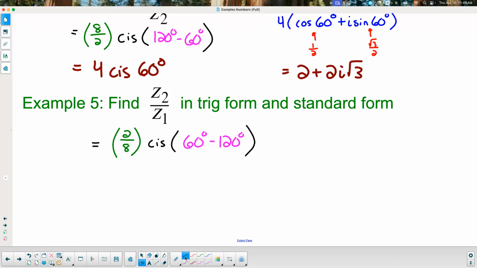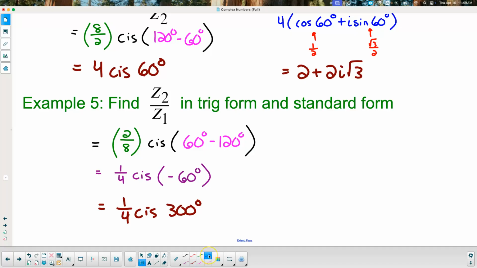Two divided by 8 is 1/4. 60 minus 120 is negative 60 degrees. Do I like negative 60 degrees? No. Instead, what do I like? 300. So CIS of 300 degrees there.